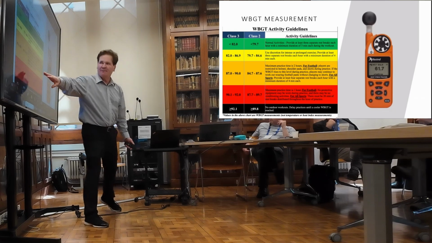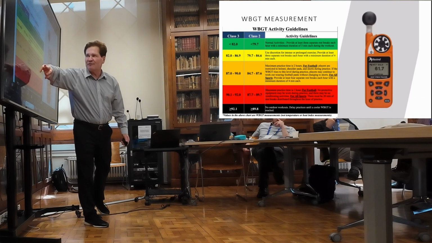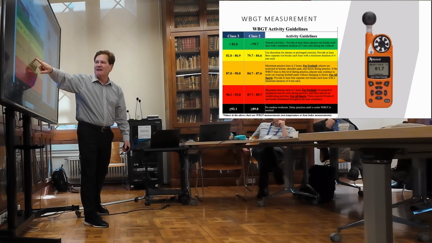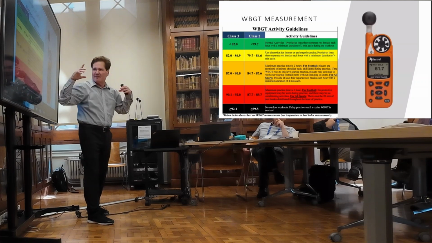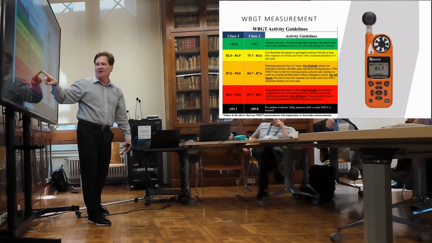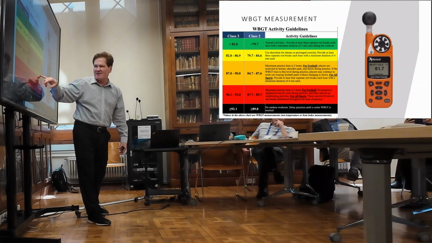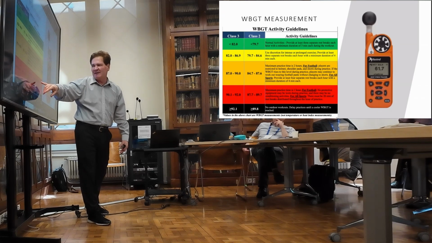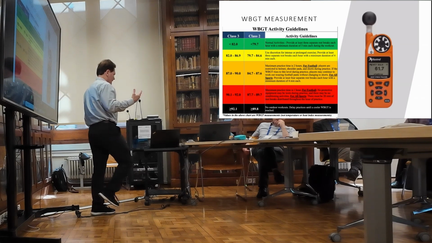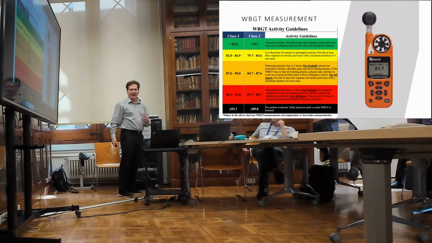For instance, and I apologize, this is in Fahrenheit, but at 87 to 90 Fahrenheit, it tells you how long you can practice in football, if you're wearing the helmet, things like that. And let's see, rest breaks each hour, 4 minutes apiece. If it's really hot and humid, there are limitations as to how much they actually can work out.